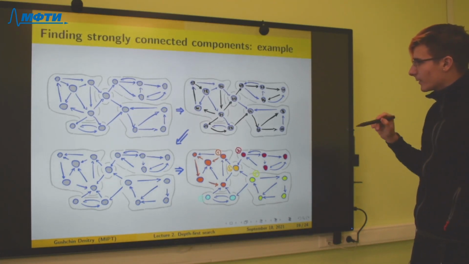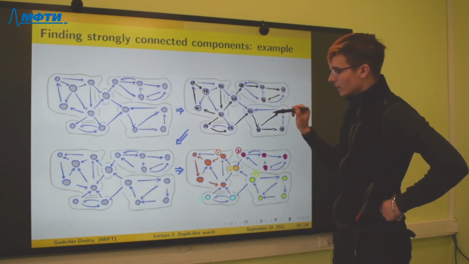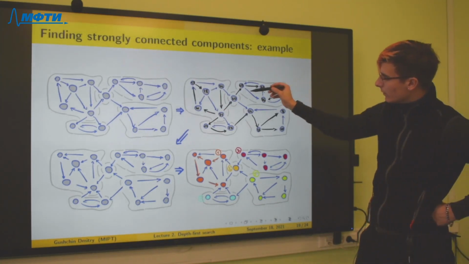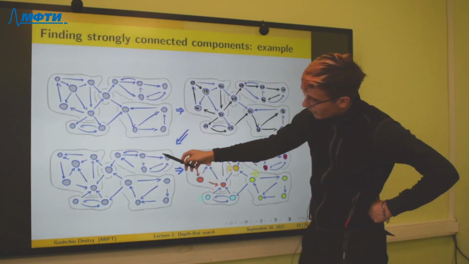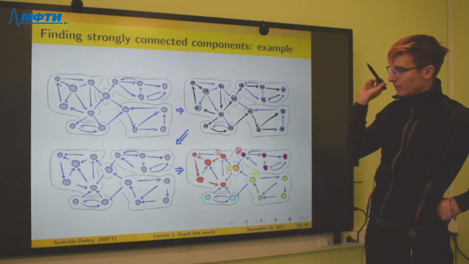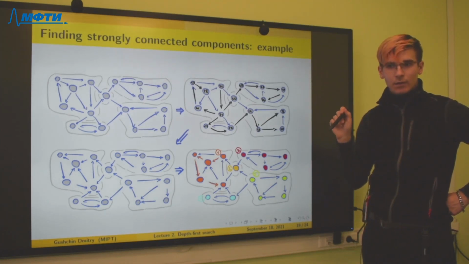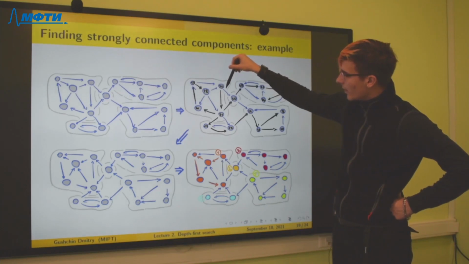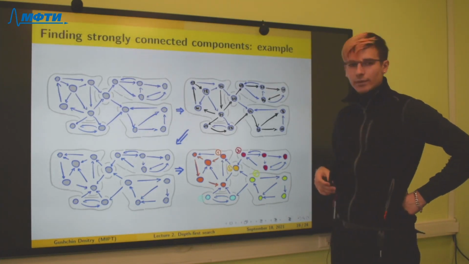So then, when we have a graph with nodes that store the finish time of DFS, we reverse all edges and repeat the DFS visit function from the vertex that has the biggest number.